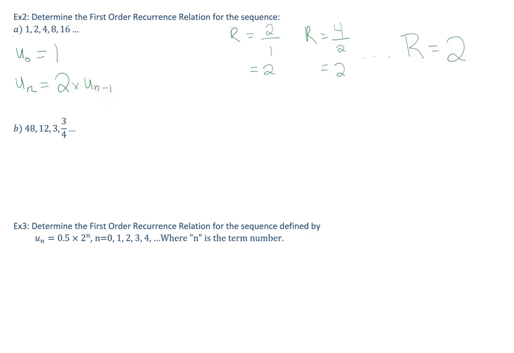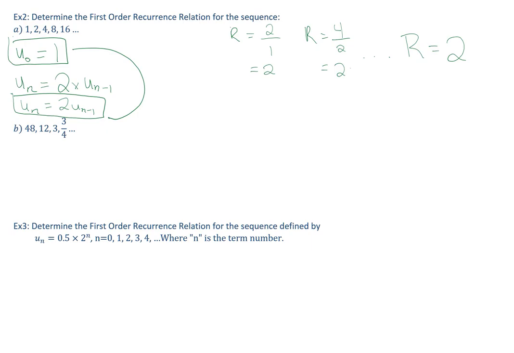Remember in math, we can simply write that as 2u_{n-1}, and there's implied multiplication in there. So we need to state our initial term and our rule. We've done that, so together those two make a recurrence relation. So that's one where our common ratio is an integer.